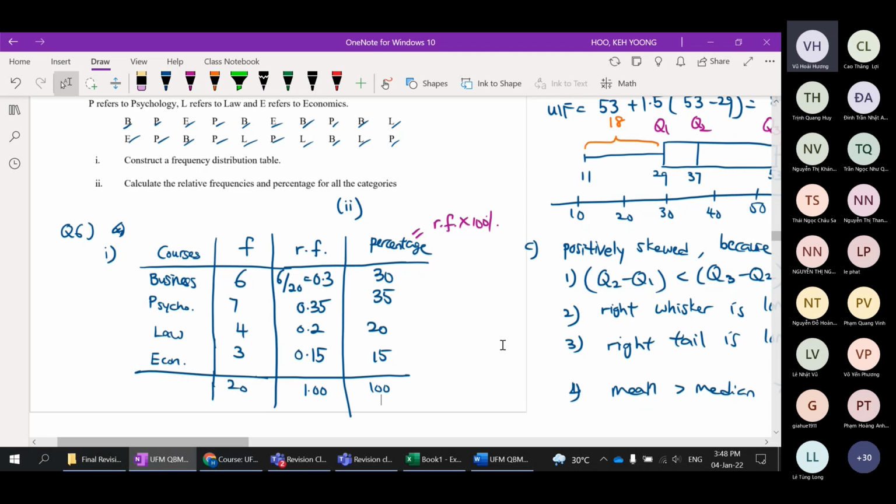Which major are you from? Can I know? You're business students, right? But you're majoring in what? Most of them are marketing majors. Marketing major. Oh, then you don't learn these accounting and finance subjects that much.